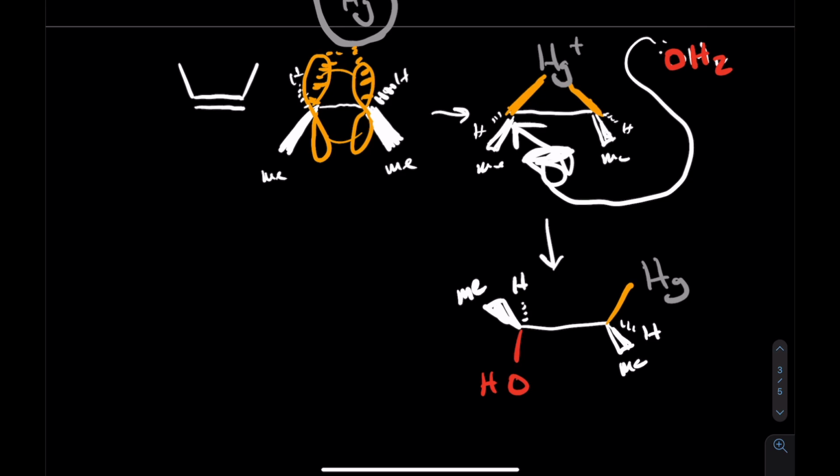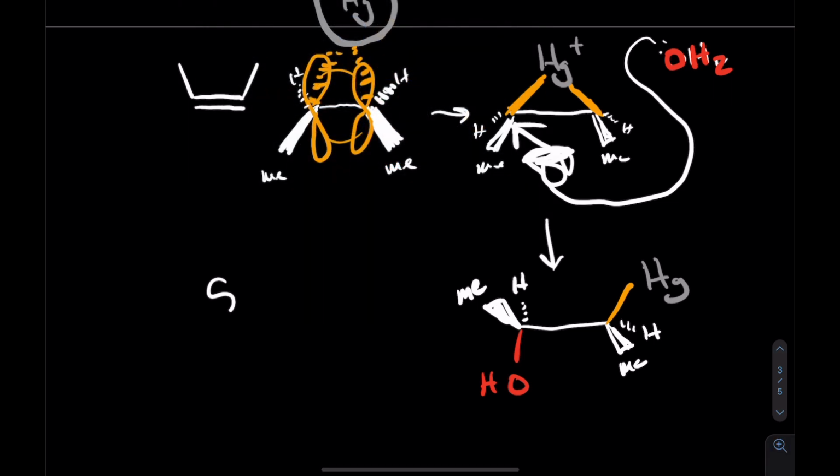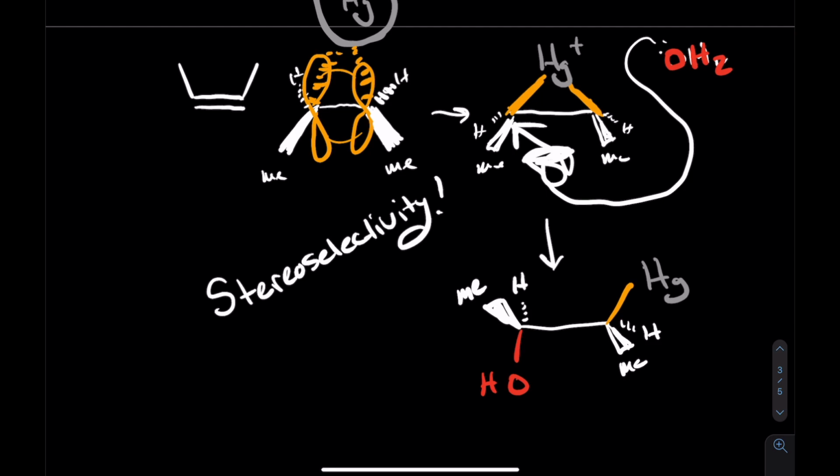And so your alcohol is now anti to the mercury on the double bond. All right, and so you can end up with very specific stereoselectivity. So let's write that down.